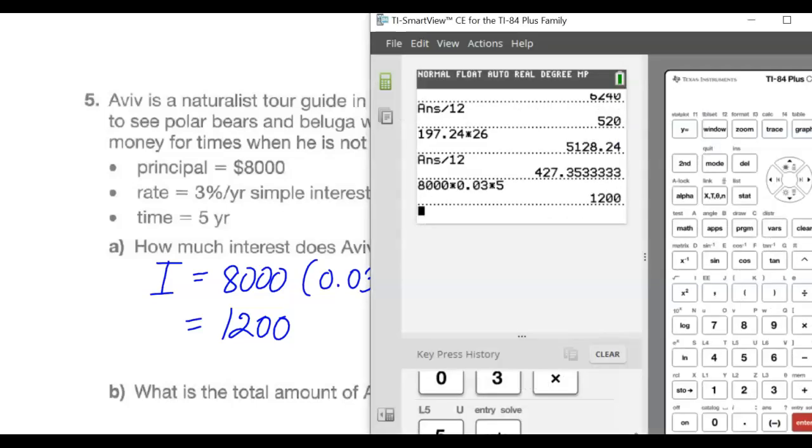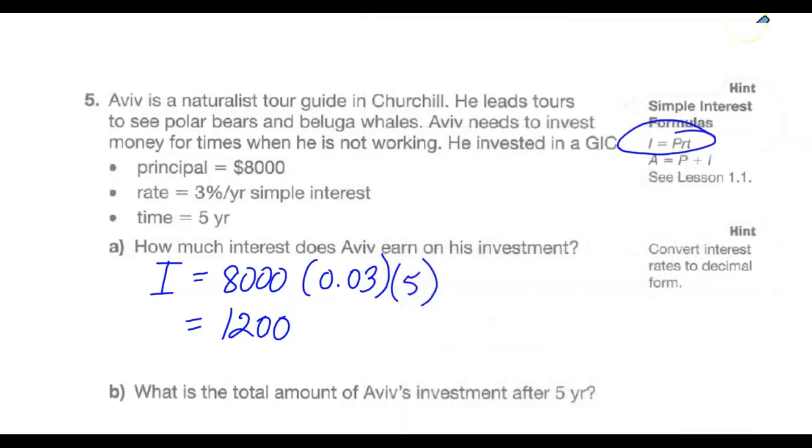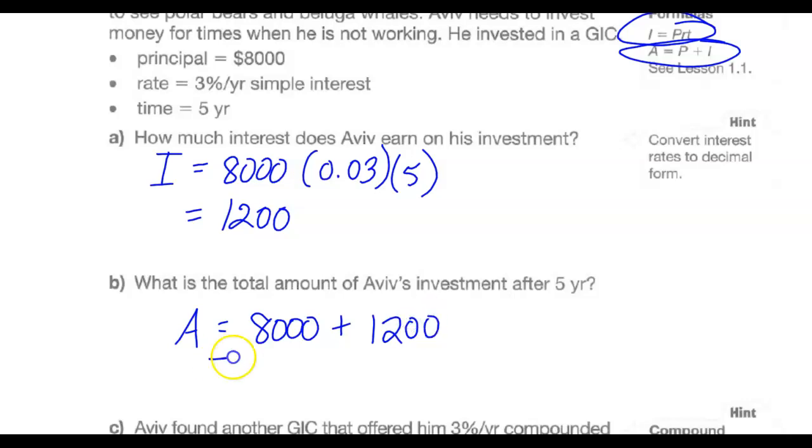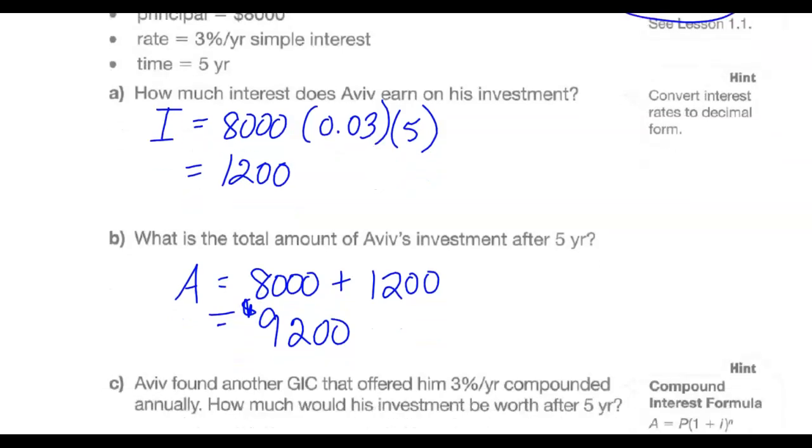Just want to check this, 0.03, yep, okay. Then the total amount of his investment, you add them together. So the total amount is the amount invested plus the interest, and that's 9,200 after 5 years. And that's with simple interest.